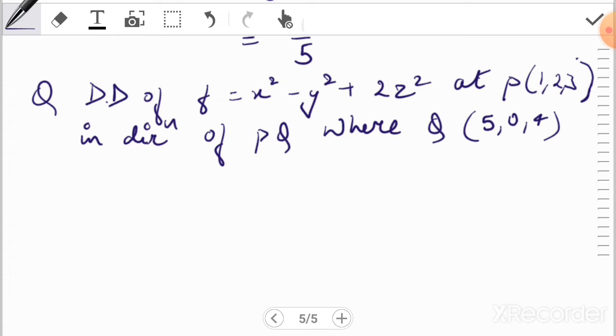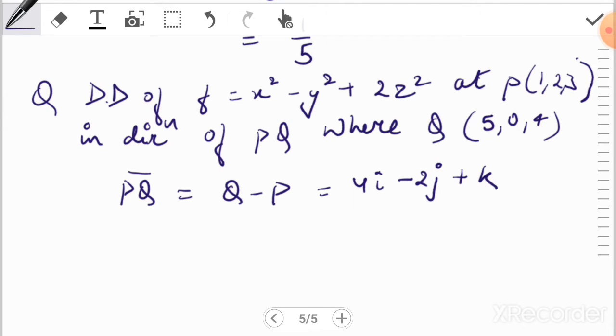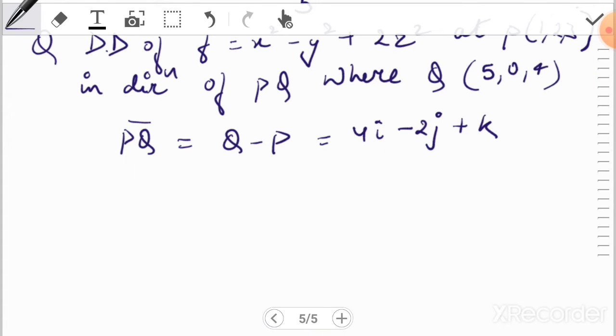So first you need to find out the PQ vector, which is Q minus P. So 5 minus 1, 4i, 0 minus 2, minus 2j, 4 minus 3, plus 1k. So now we have the PQ vector.